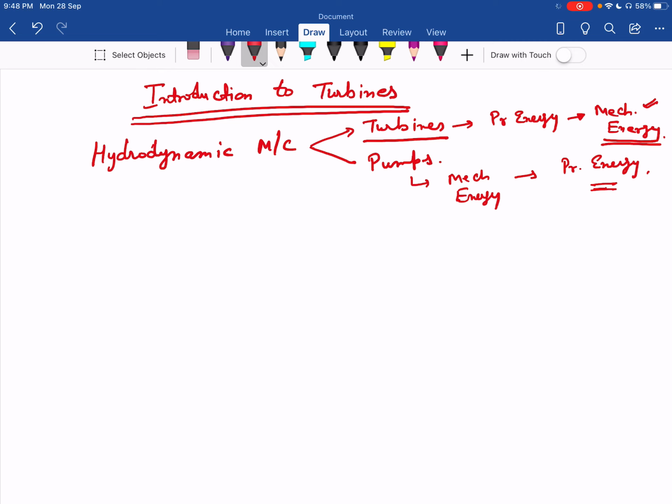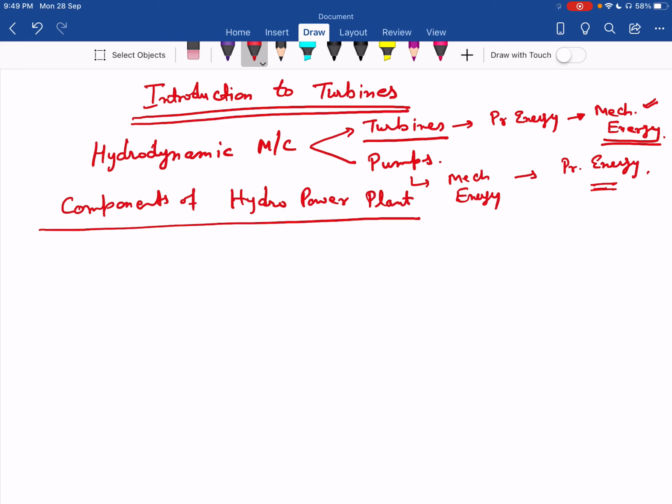Now, next are the different components. The turbines are normally found in hydropower plants. So next we have the components of a hydropower plant. These components are categorized into five. The first is the water reservoir.